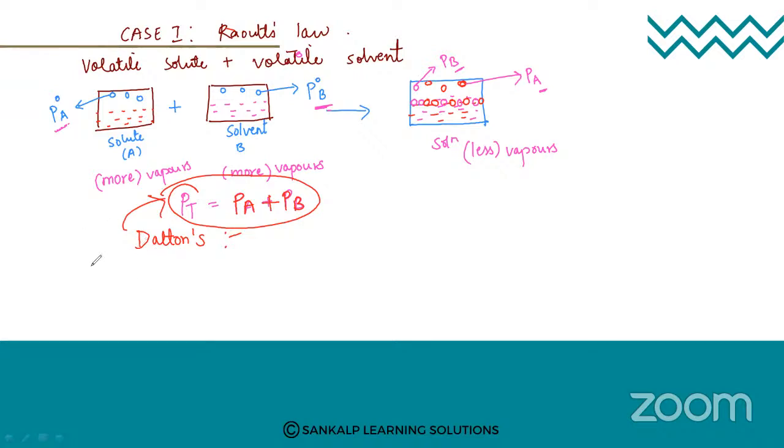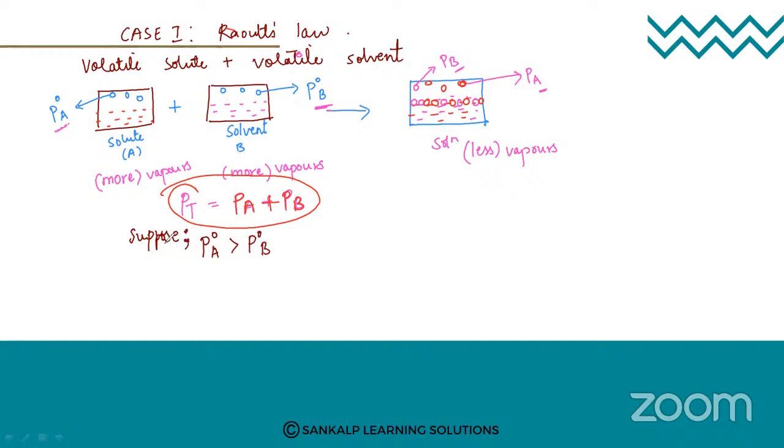Now, suppose you can take any condition, but here I'm taking this condition. Here PA and PB are there, both are volatile. Now I want to take a condition wherein P naught A is greater than P naught B. I'm just taking an example.